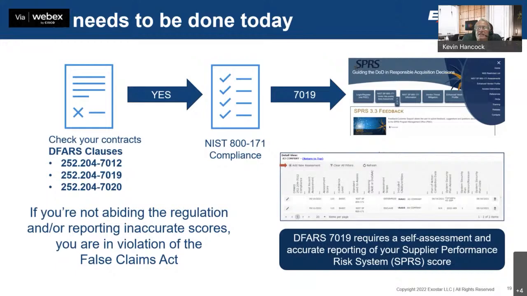In relation to CMMC 2.0, it is currently in the rulemaking process. The last we heard is that they expect to finalize that in the May 2023 timeline, with the expectation that it would be in the DFARS contract clauses by October of 2023.